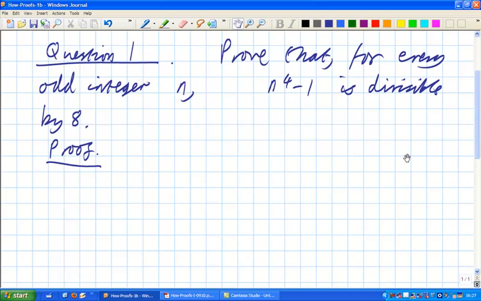Now I'm assuming that you've reminded yourself of the definitions of odd and divisible by 8, and that you've reminded yourself of the binomial formula for a fourth power, because I'm going to use all of those in this proof.